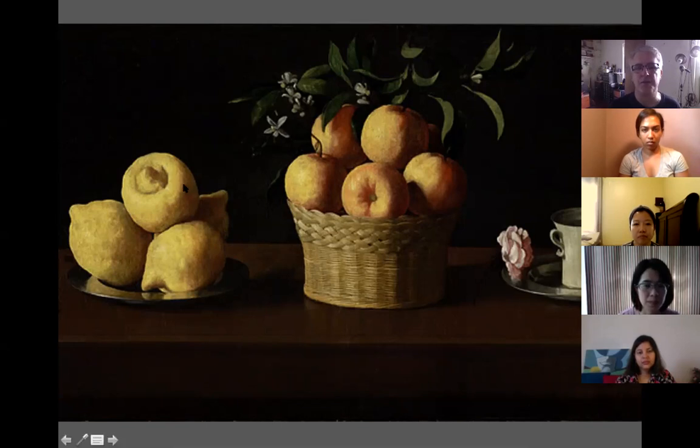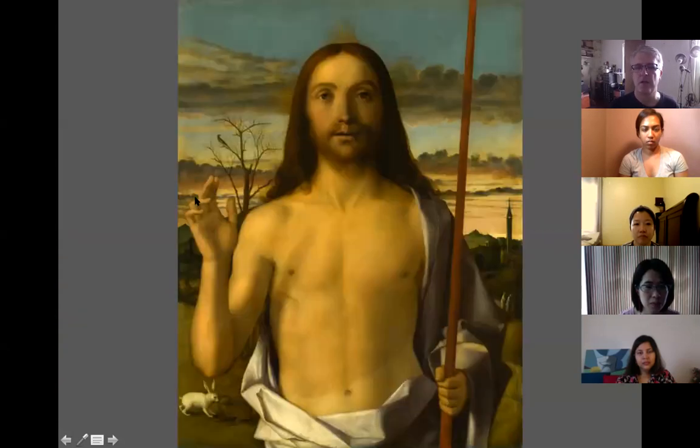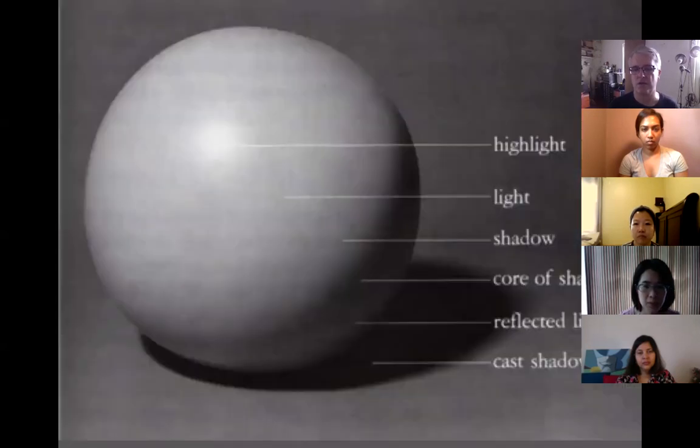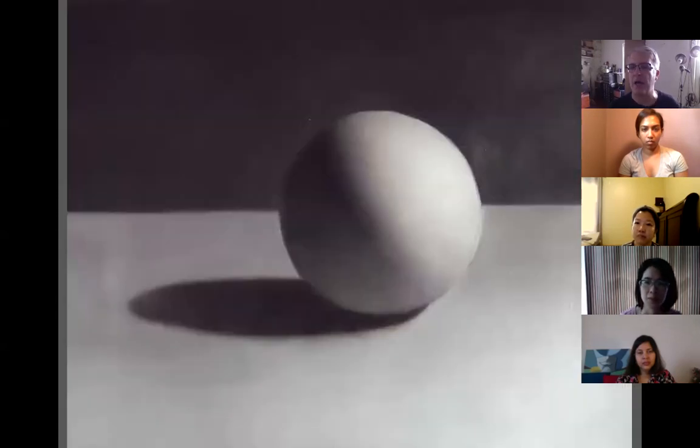And then where the object goes into shadow, those planes have turned away from the light source. Right? So the planes in the shadow are moving in a different direction from the planes that are illuminated. So artists understood that that was the best way to create the illusion of volume on a flat surface.